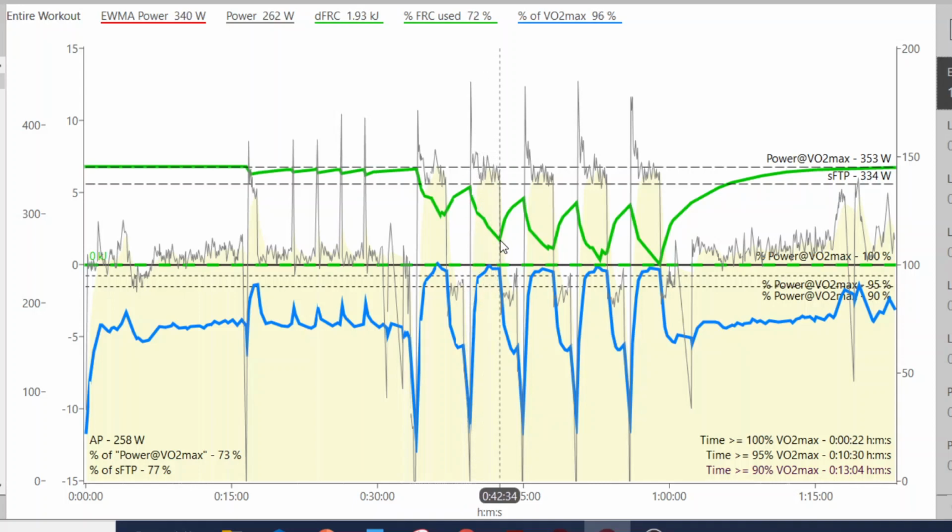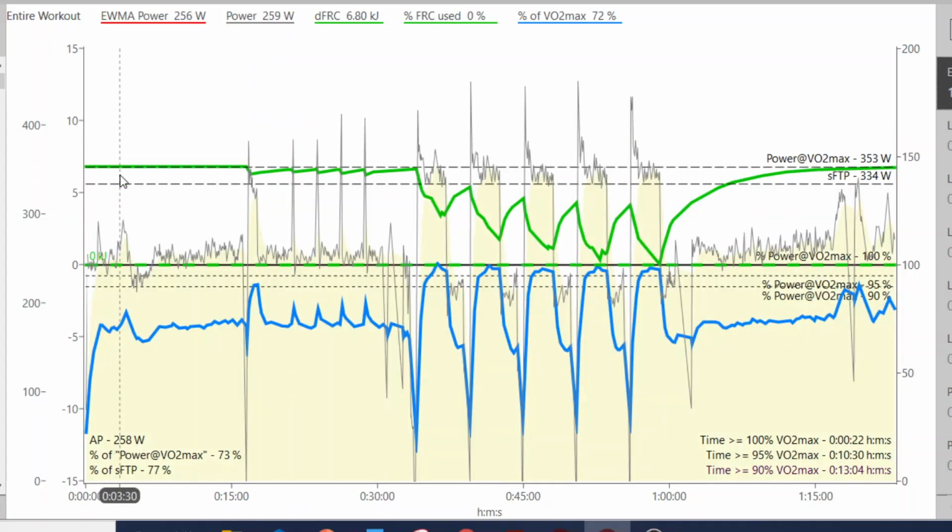We get to recovery and reserve work capacity starts refilling itself, so to speak, reconstituting itself during recovery below FTP. So we're up above FTP up here in power, and that tank is getting drained. As soon as the power drops below that FTP line, FRC starts coming back up.